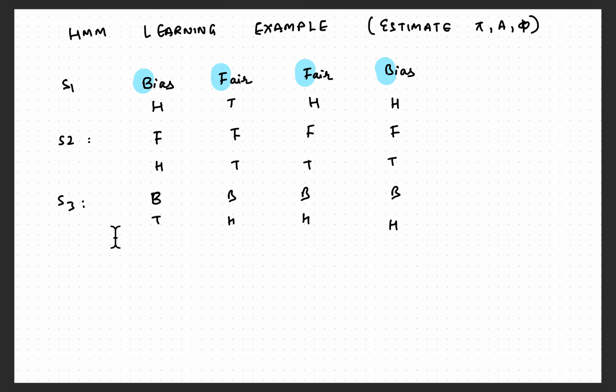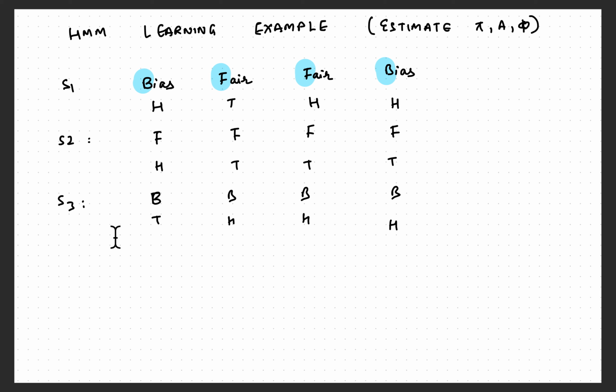Okay, so far so good. Let's try to work out a very simple example and try to learn the parameters for this case. So I have 3 different sequences. In this case, I've kept them to be of the same length, but you could very well have examples where you could have different sequence lengths.